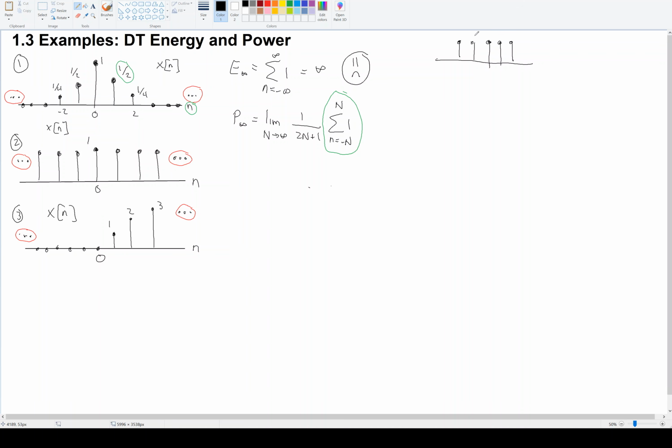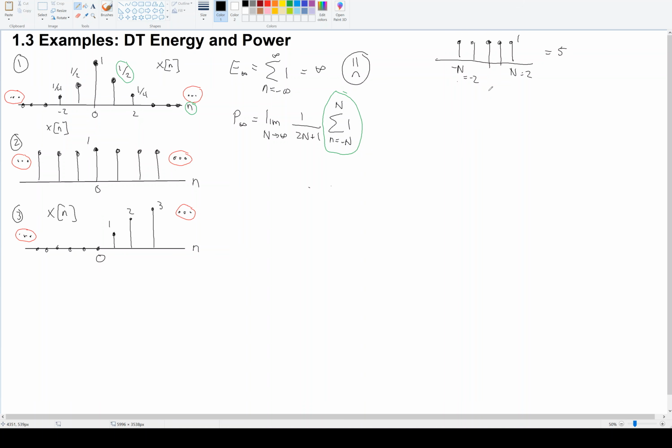So if I add the number 1 up from minus 2 to 2, what is my sum? So that would be 1 plus 1 plus 1 plus 1 plus 1. So that would be 5. Right? When n is 2, this sum is 5 because you're adding up 5 1s.